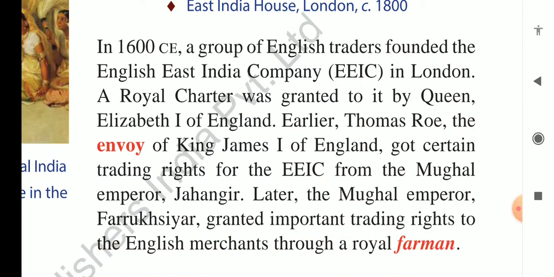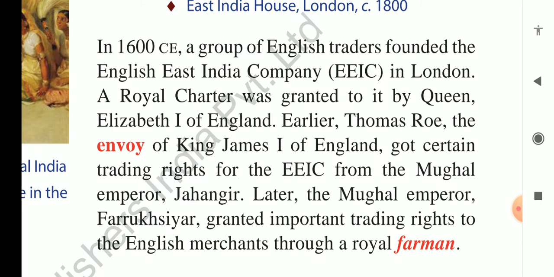That is called an envoy. The word envoy is being used today also. Clear? King James I's envoy Thomas Roe got certain trading rights. He got some rights, some permissions from the then Mughal Emperor Jahangir.